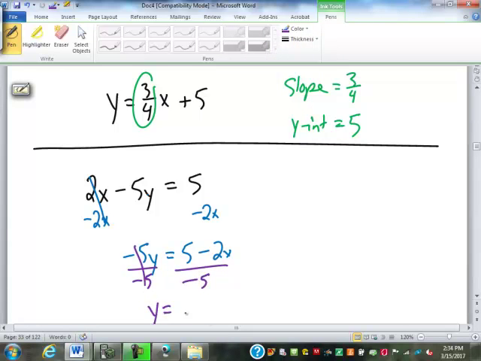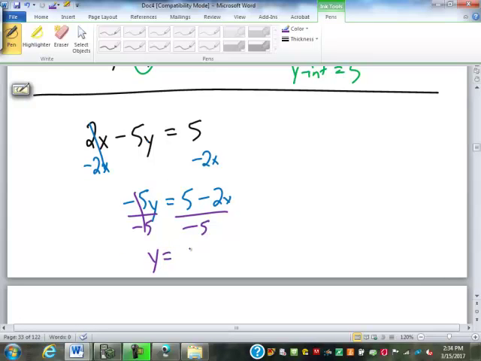So y equals, 5 divided by negative 5 is negative 1. Negative 2x divided by negative 5. Well, first of all, positive or negative?